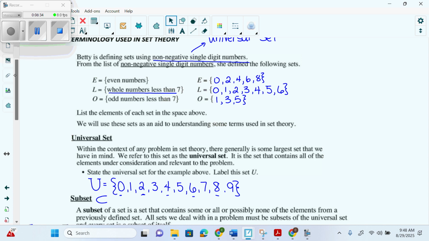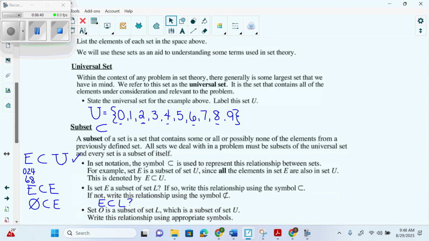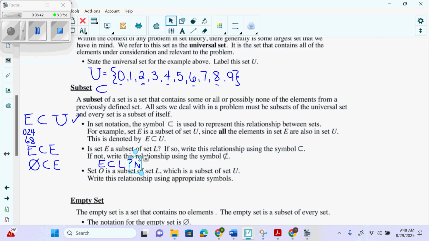So is E a subset of L? Is everything in E in L? No. So we're going to say no. And how we can represent that is we can say E is not a subset of L. Make sense? All right.